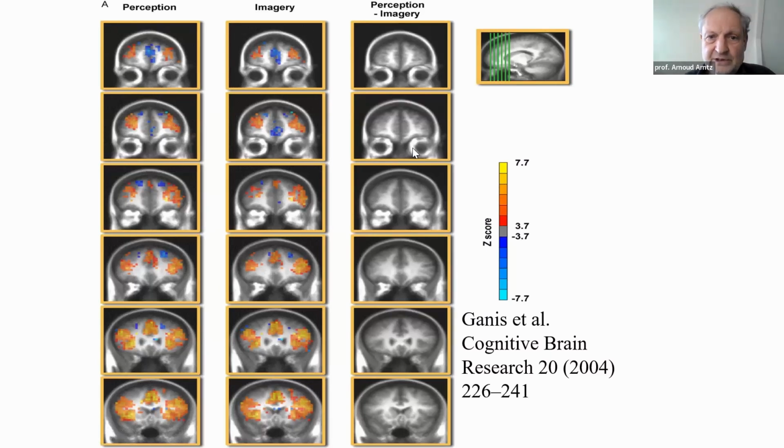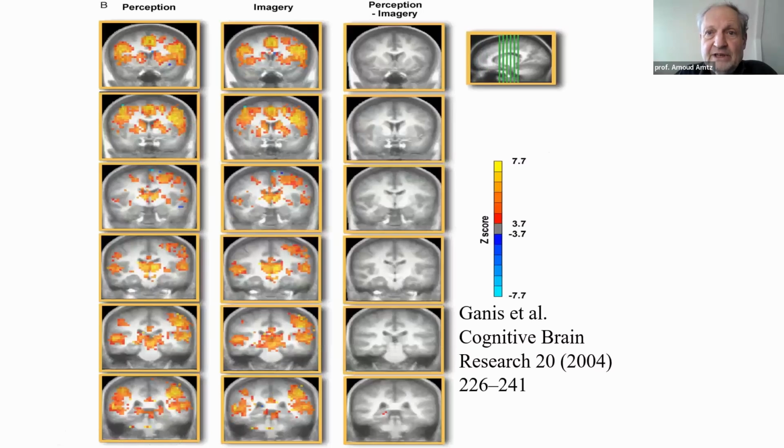And at the right column, you see the difference between really perceiving something and imagining it, and you see there are no colors here, so no meaningful difference between imagining something and seeing something in reality. And this holds for the more frontal parts of the brain. Here, the green lines show you the slices that were scanned of the brain.